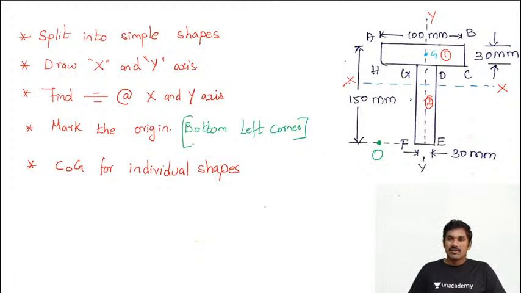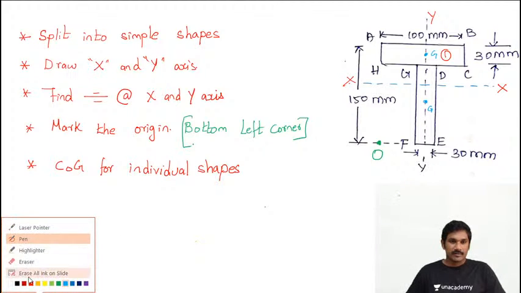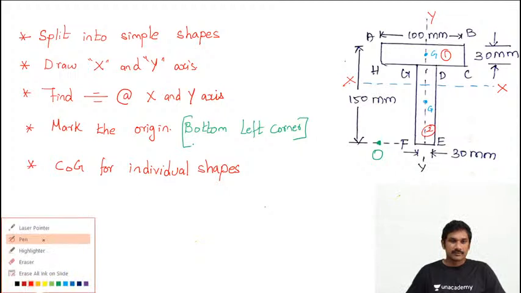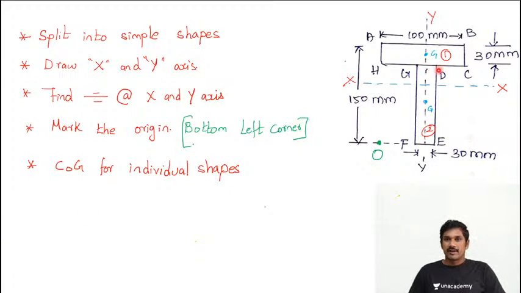Similarly for rectangle 2, you can find the CG by connecting the diagonals or by the length and breadth method. Any of these two methods will find the CG.